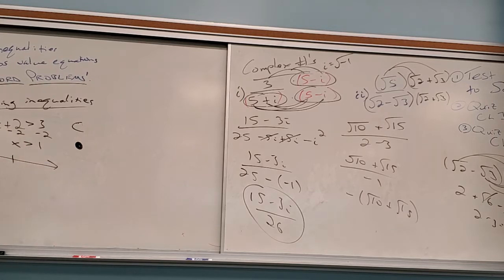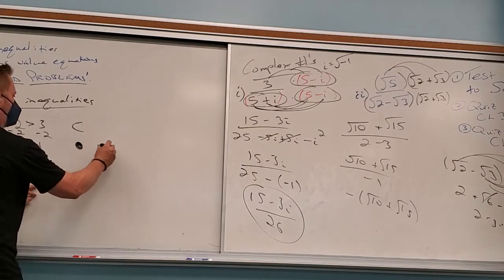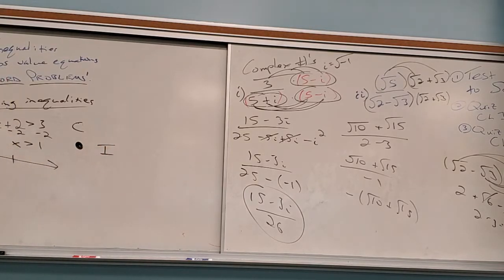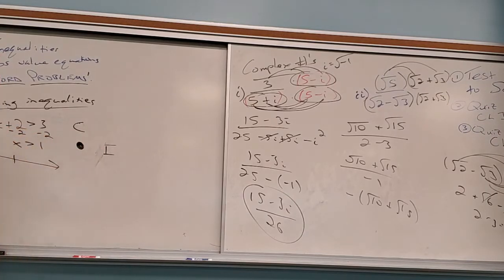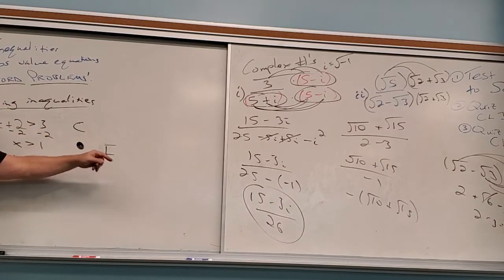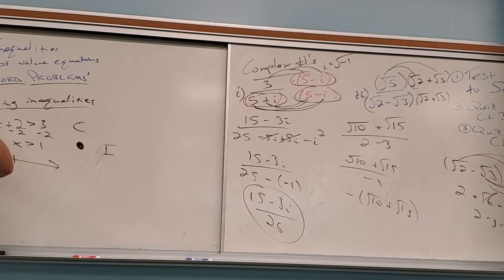The word include starts with an I, and if I erase part of that, doesn't it become a little bracket? So the parenthesis means don't include, like an open circle, and the bracket means include it, like the letter I for include, like a closed circle.